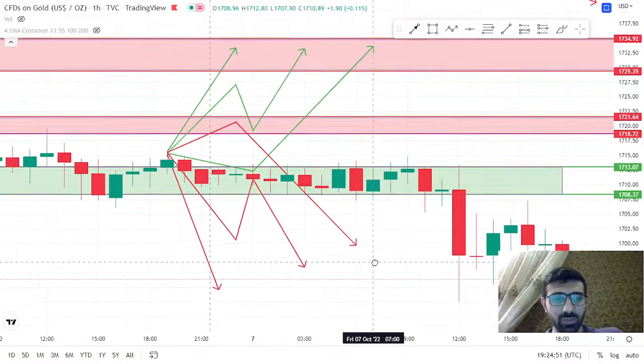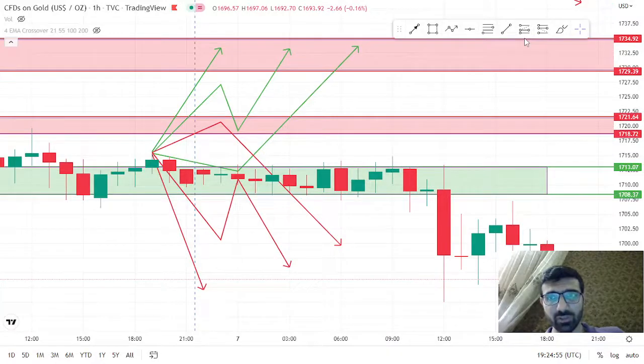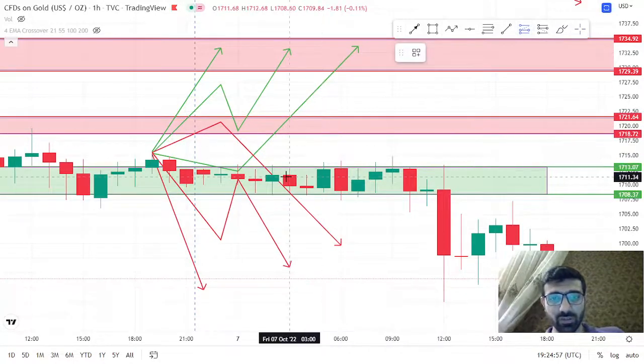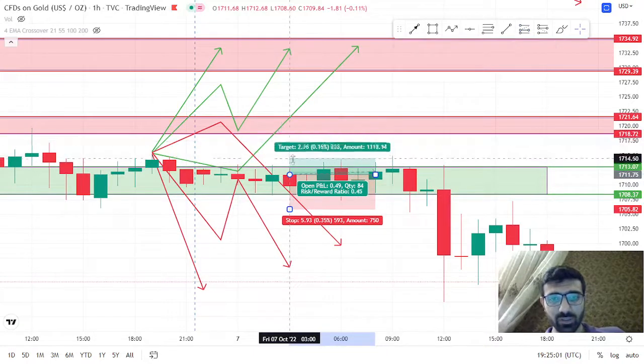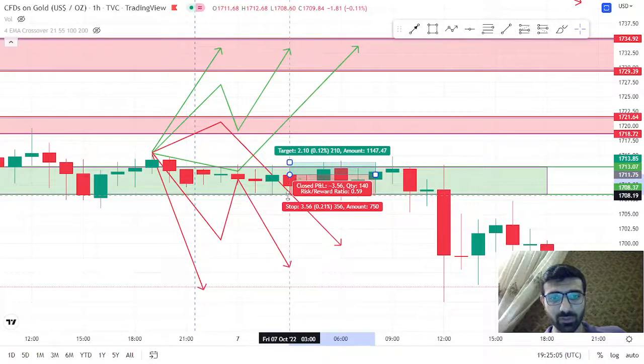So now let me have a look at how we could have traded. For example, if we would have entered a buy entry over here, our take profit would be over here and our stop loss would be approximately over here.